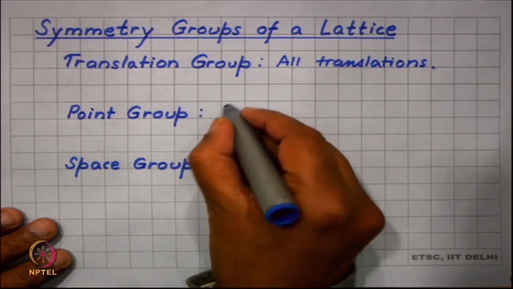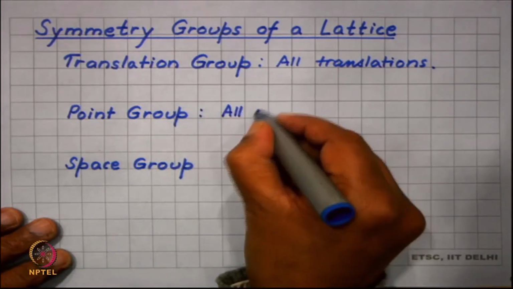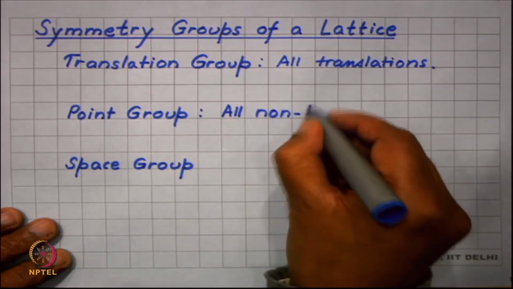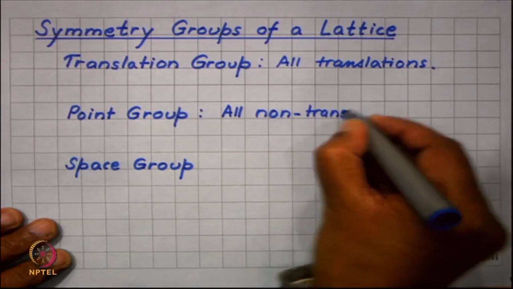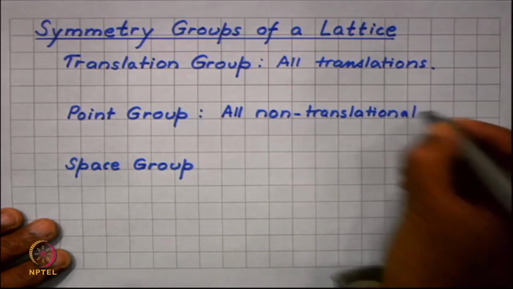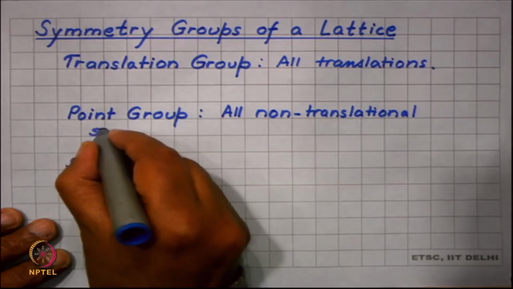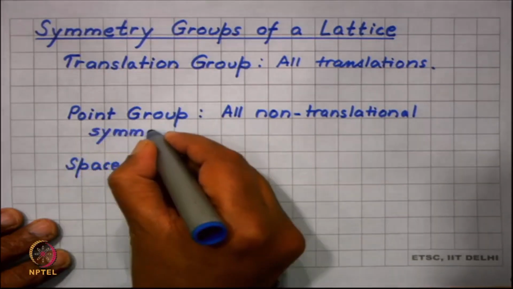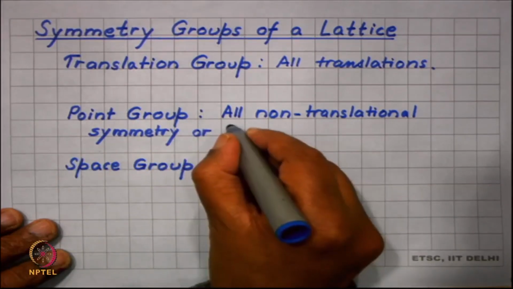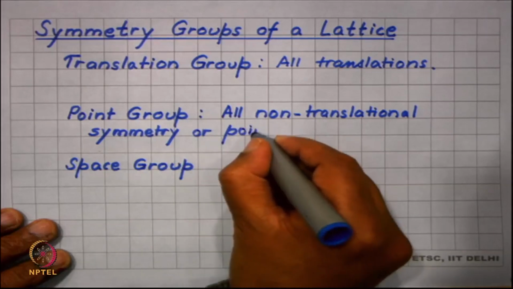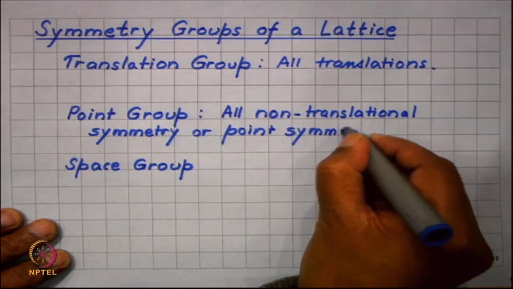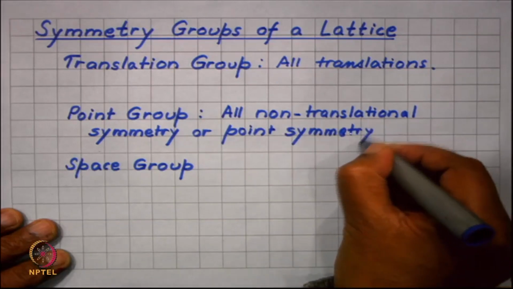If we look at all non-translational symmetry, that is what is called point symmetry, because they leave some point unmoved or unchanged.